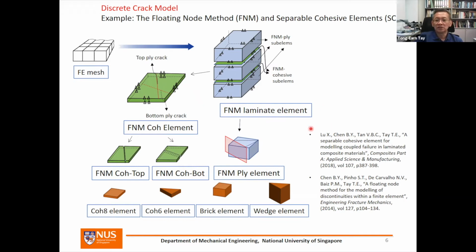One is the floating node method, which is given in this reference, and the other is what we call the separable cohesive elements, which enable you to partition the cohesive elements and model the interaction between two matrix cracks in the adjacent plies.